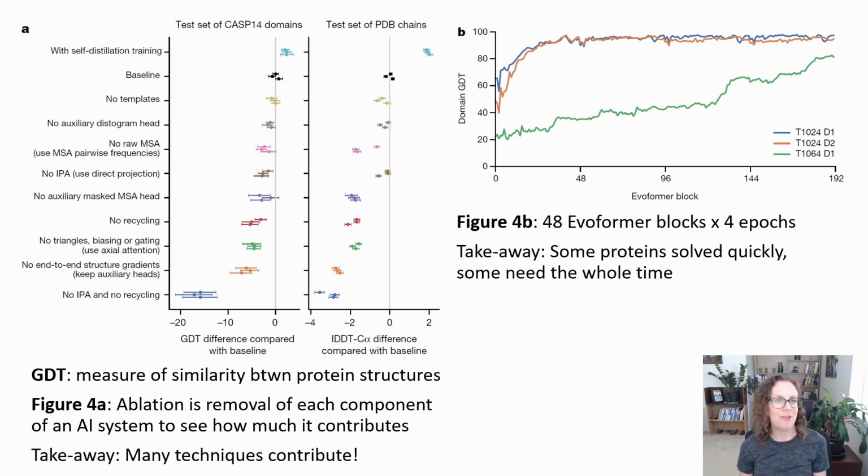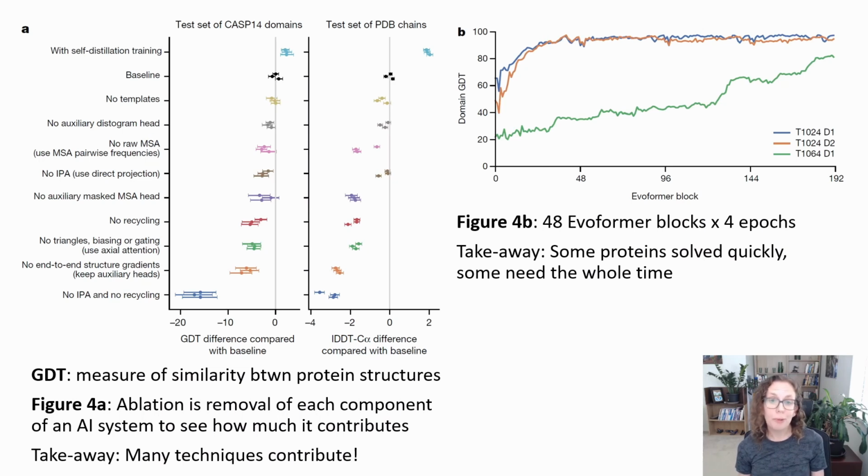And so here they've shown that, and so you can see kind of how the score gets progressively better with the different techniques added, is what figure 4A is showing. In figure 4B, they're looking at kind of, do you need all 4 epochs, or what they called recycling, where they're going through these math computations again to update their values. And with some proteins, so this just graphs 3 particular proteins in blue, orange, and green.